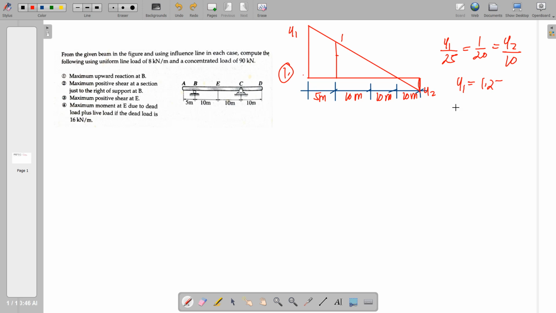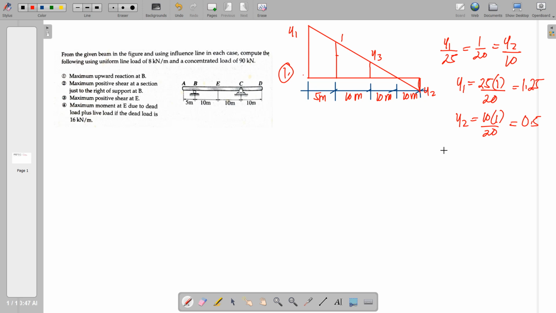And then, so let us present the solution here. 25 by 1 all over 20, that is equivalent to 1.25. And then y2 will be equal to 10 times 1 over 20, or this is equal to 0.5. And of course, if we need this by and by, let us try to solve this y3.